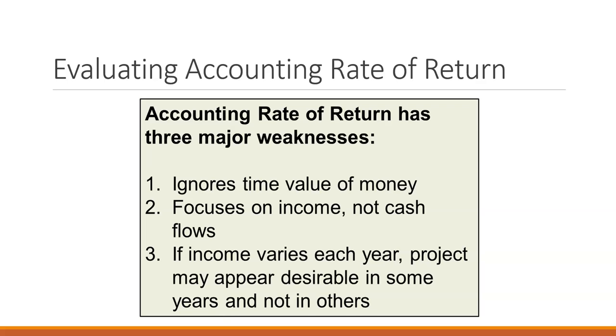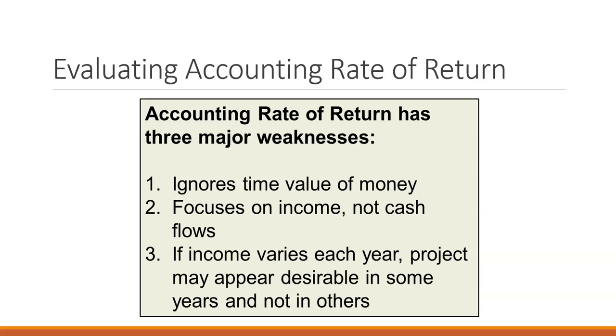There are major weaknesses, as I described, of the ARR. One of the major weaknesses is that the calculation is not always the same. Another major weakness is that it ignores the time value of money. Just like payback period, it doesn't recognize time value of money, which we'll be talking about with the net present value and the internal rate of return methods. Also, it focuses on net income and not cash flows.